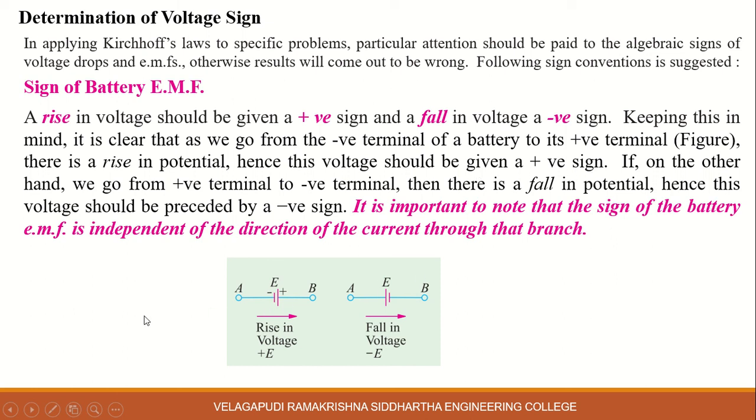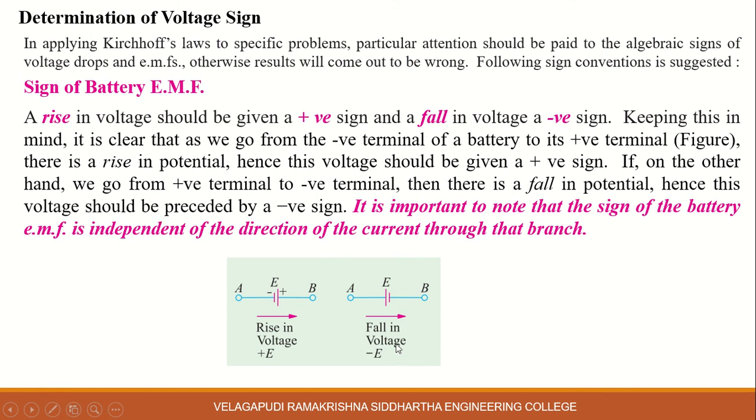If, on the other hand, we go from the positive terminal to the negative terminal, then there is a fall in potential, hence this voltage should be preceded by a negative sign.